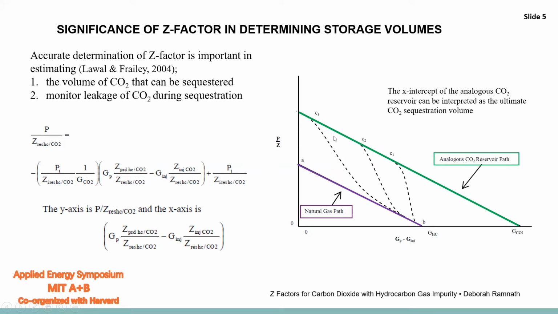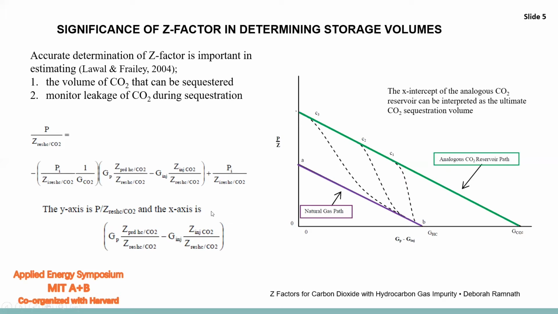As can be observed, the CO2 reservoir path line is higher than that of the natural gas line. This is because at the same pressure and temperature conditions, Z factor values of CO2 are lower than Z factor values for pure hydrocarbon gas.